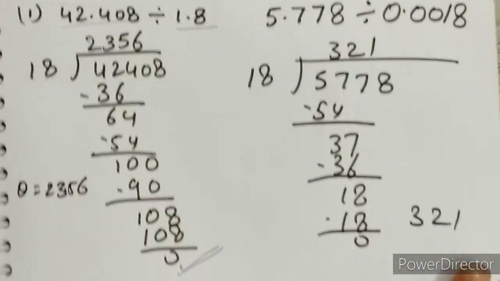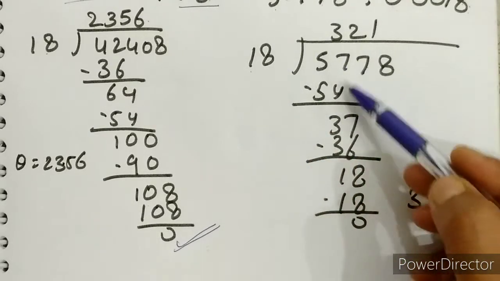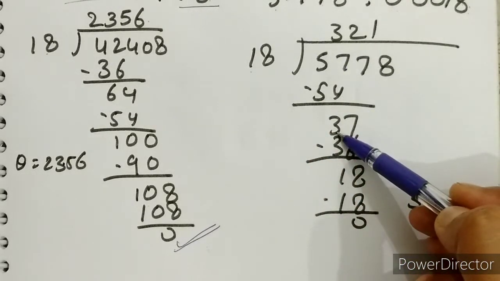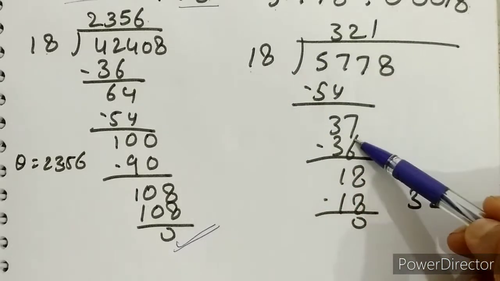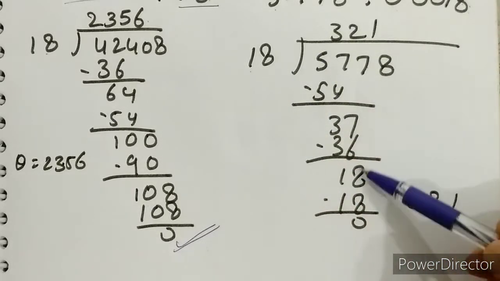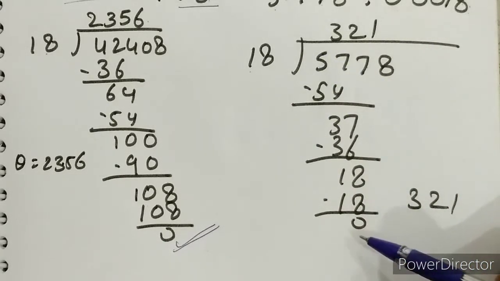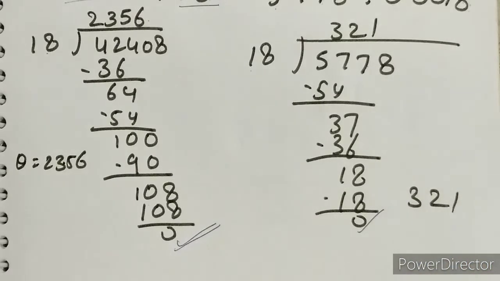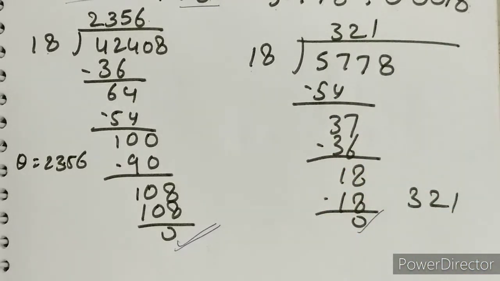Okay, as you can see, 18 into 3 is equal to 54. After subtracting, we will get 3, and we carry forward this 7. 18 into 1 is 18, then carry forward this 8. Then 18 into 1 is equal to 18. Remainder is 0. In this case, your quotient is 321.